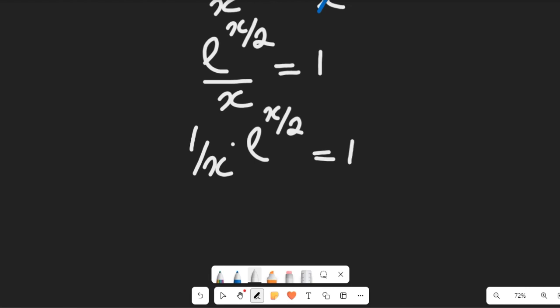Now if I raise both sides to the power of -1, I'm still going to have the right hand side give me the same expression.